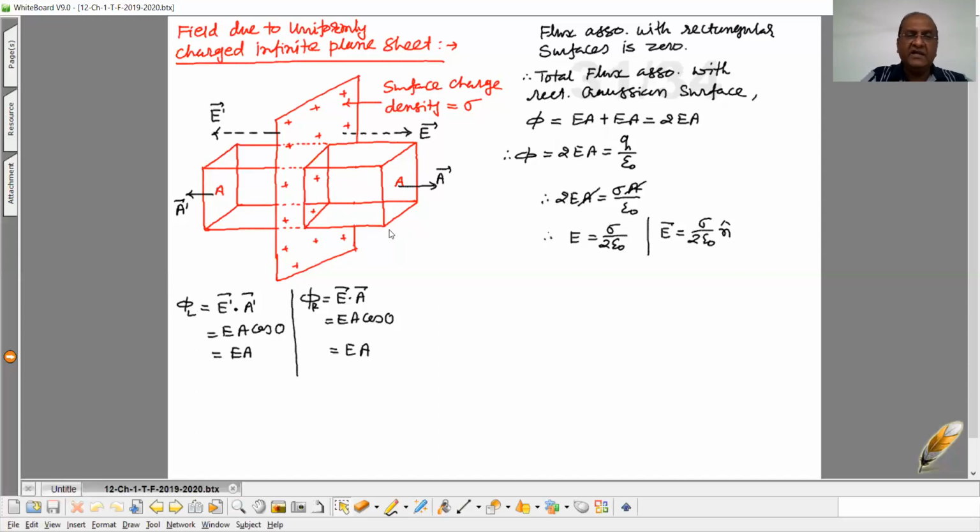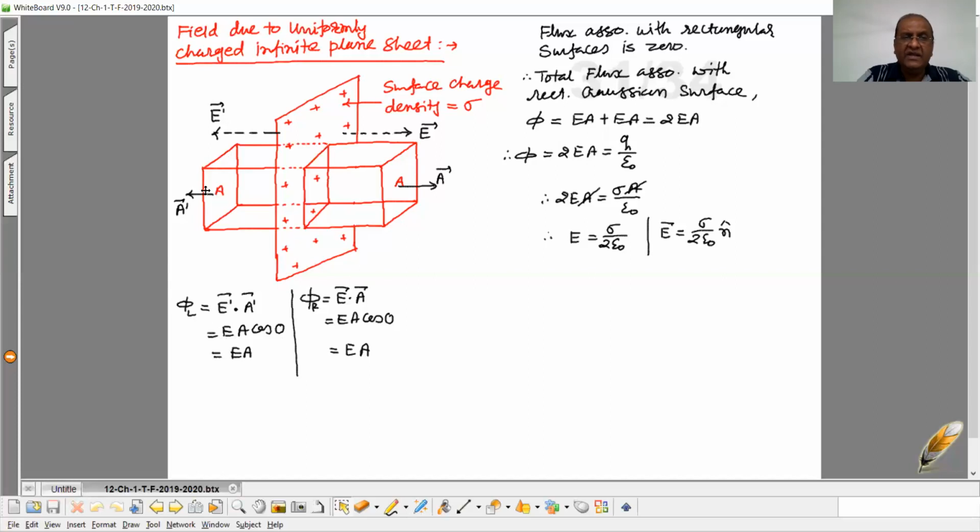Now, if we calculate the flux passing through these left hand side and right hand side cross-sectional surfaces, then we can write phi L equal to E dot A, with magnitude of electric field suppose E and area A, so we can write E A cos theta.